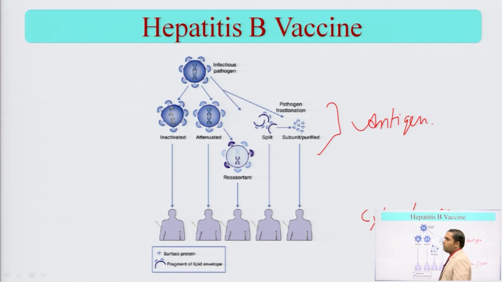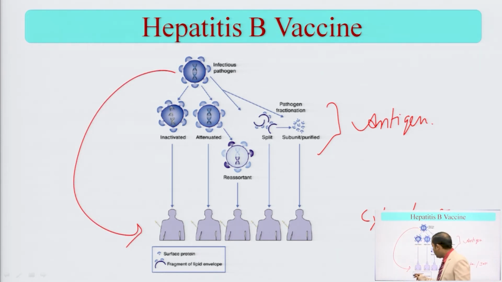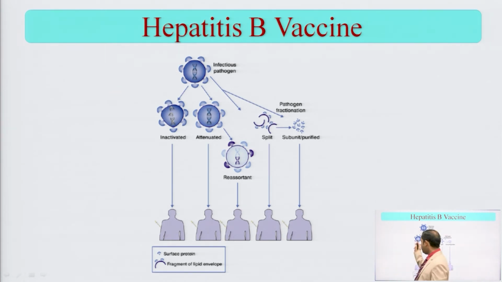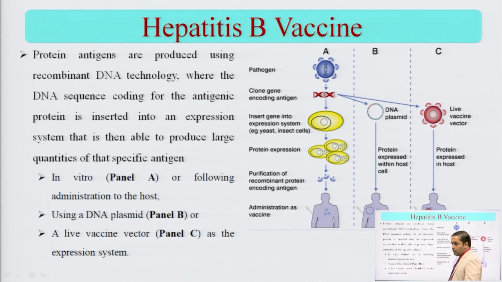There is something called memory B cell, which will keep that antibody for a long period of time. In future, if the real virus enters their body, they will be able to fight against that real virus and destroy it. So you can prepare hepatitis B vaccine in this way.